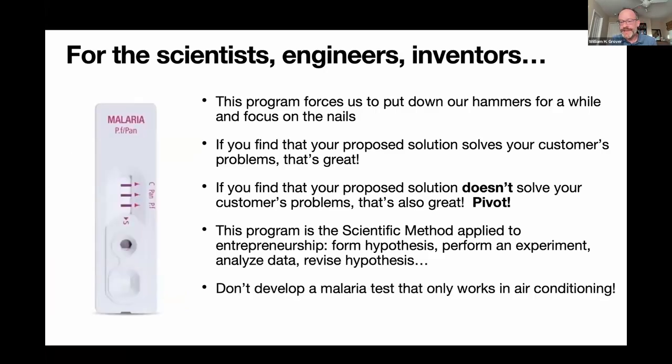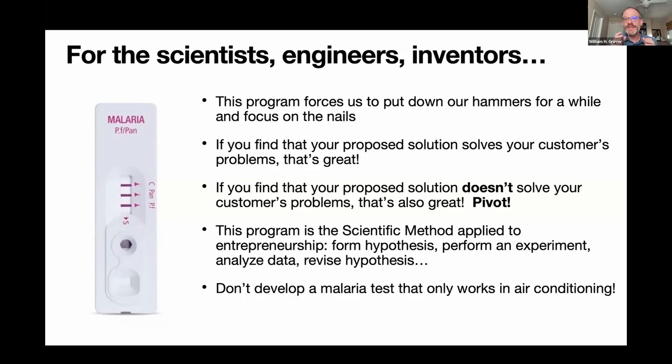Okay, as Jay said, my day job is a bioengineering professor, and this is a message I try to tell my bioengineering students, but I'll share it with all of you as well because I think it's relevant tonight too. Don't develop a malaria test that only works in air conditioning. Okay, and what I mean by that is it turns out that malaria kills a lot of people every year, a serious problem.